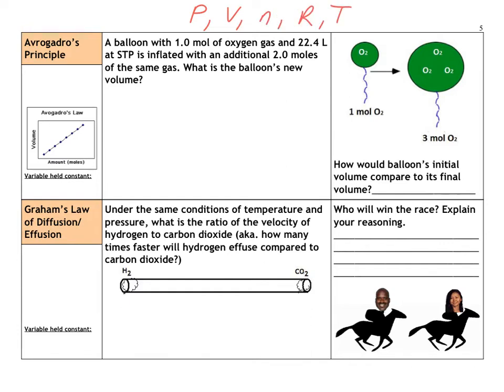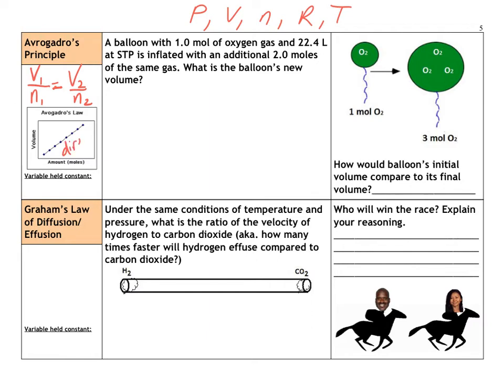Now, Avogadro's principle involves a variable you have not seen yet, which is moles. The principle states that V1 over N1 equals V2 over N2. So the more moles you have, the more volume you would have.